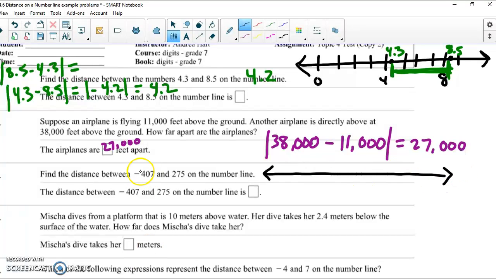So I'm starting at negative 407, and I want to find the distance between this number. So let's count roughly in hundreds here. Negative 300, negative 200, negative 100, 0, 100, 200, 300.